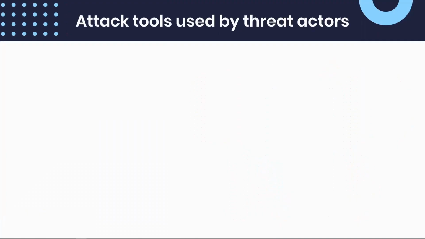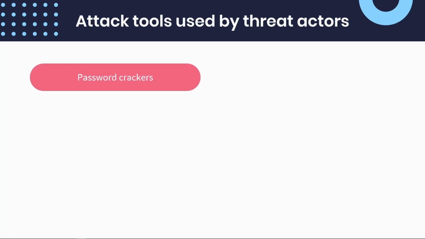You might be wondering how it is possible for these attackers to breach company networks. They do it by using specific network tools. Sadly, the internet has facilitated the sharing of more and more sophisticated network tools to conduct intense network attacks. Let's look at some of the network tools that are used by both cybersecurity personnel and hackers. Password crackers. They help to guess and crack the passwords of systems such as web servers and email gateways.